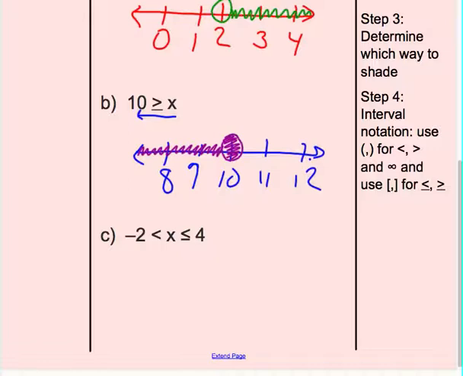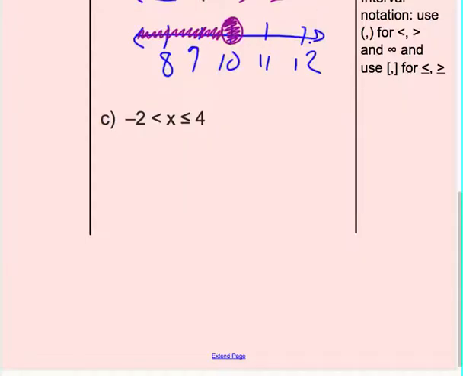Writing this in set notation, now looking at the graph, because again, x is on the wrong side, we're actually going from negative infinity up to and including 10, so that's where we'll use the bracket instead of the parenthesis to represent that 10 is included in the solution set.